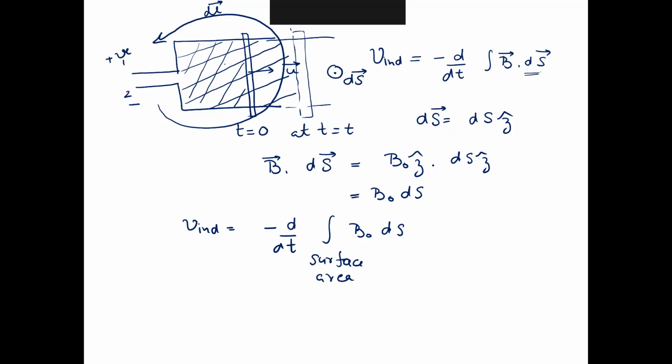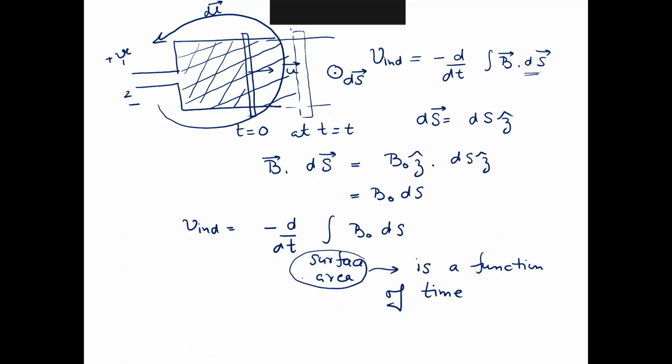Now you would notice that this area which I am integrating over has a limit that is a function of time. As time changes, this limit goes from 0 to x.